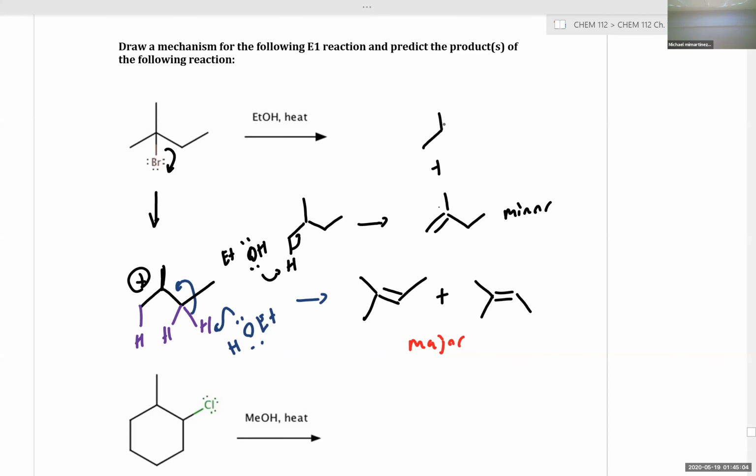And of course, our carbocation could be intercepted with our nucleophile, so we'd also generate our SN1 product as a minor product. Does that make sense to everyone?